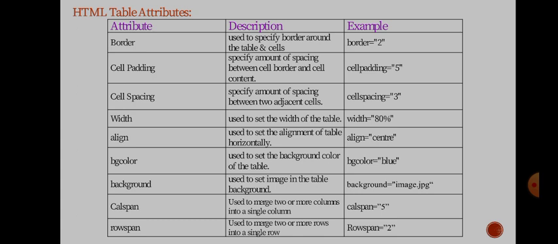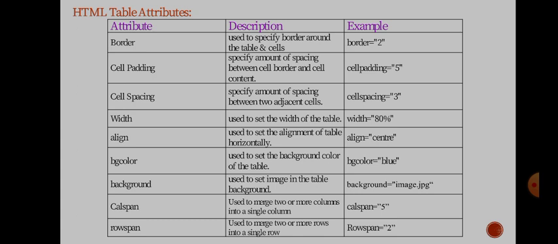And the next one, cell spacing. It specifies the amount of spacing between two adjacent cells. The example is cell spacing is equal to 3. And next one, width. Width is used to set the width of the table. Here I am taking the width is equal to 80%. Next one, alignment.